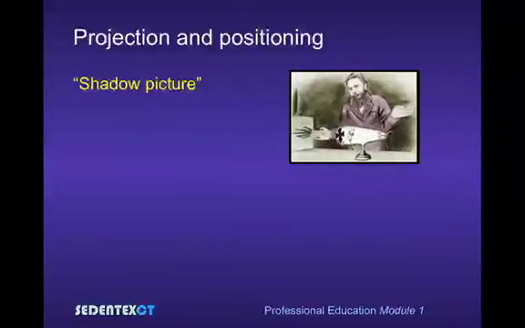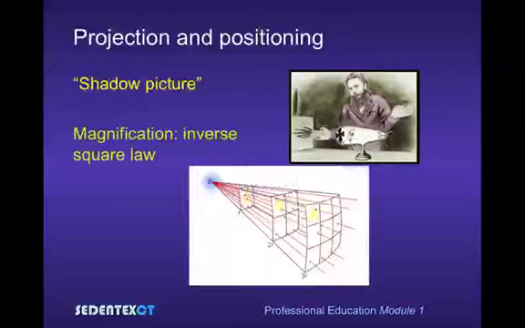Let's just think for a moment about the projection and positioning part of the imaging chain. At the very start of this module, we used the term shadow picture for a radiograph, and that still is the same concept to understand with simple two-dimensional imaging today. But let's think about a factor of magnification.